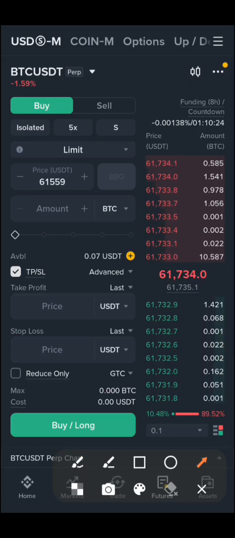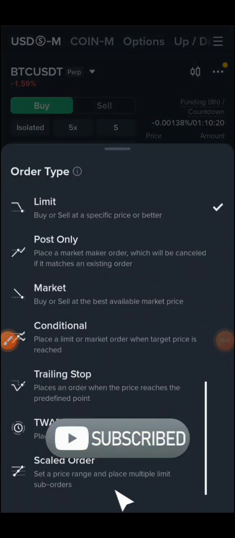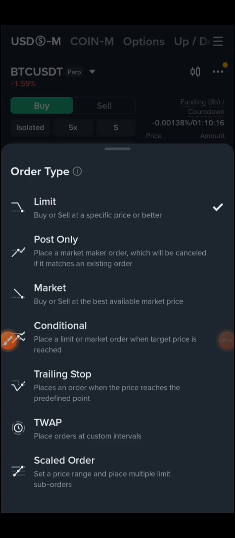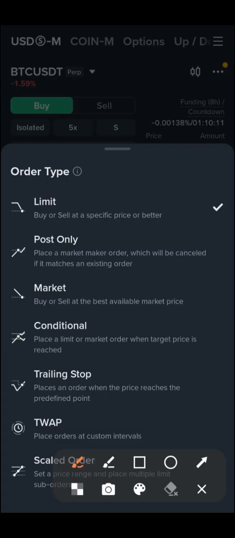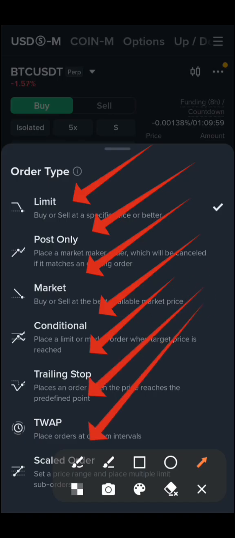And right here where you're seeing limit, this is the order type. We have several order types on futures trading. For example, we have limit right here, post only, market, conditional, trailing stop, TWAP, and scaled order.